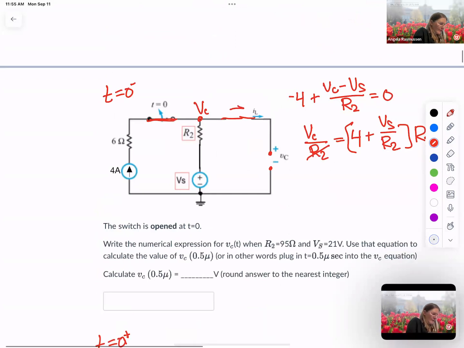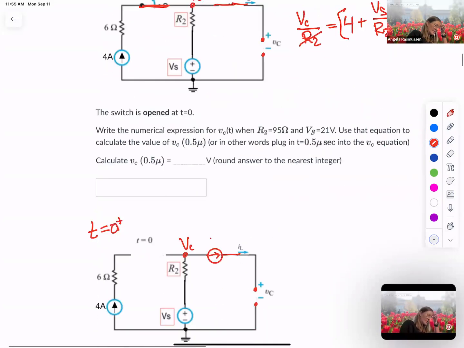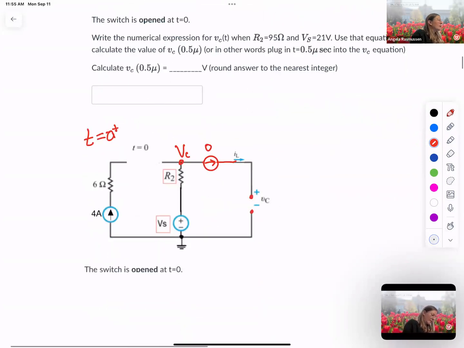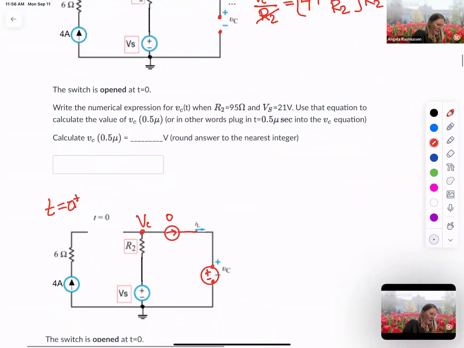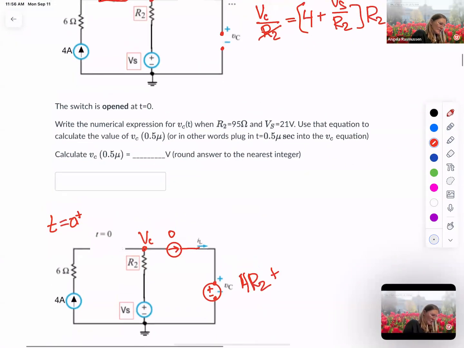And this is open here, so that's 0. So you have 0 amps there. And this becomes what? The, thank you, voltage source of the value of 4 R2 plus VS.